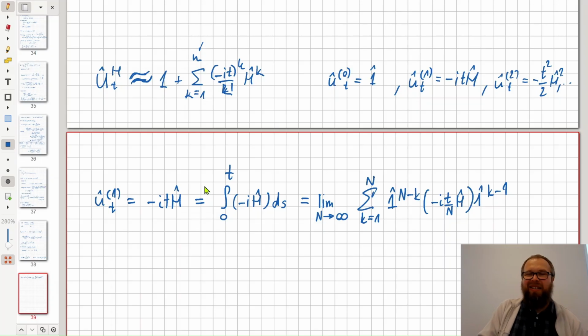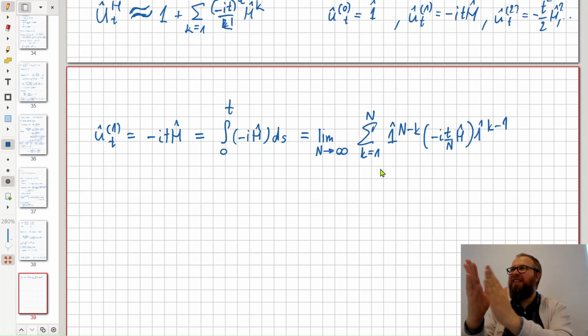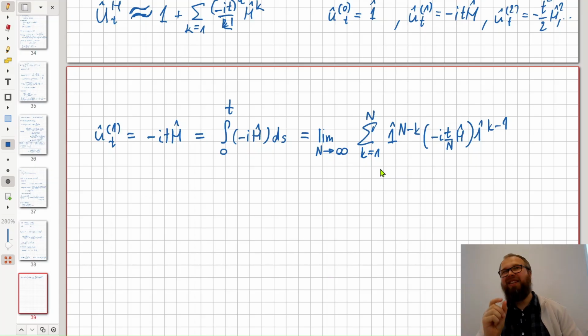Okay, the Riemann integral tells me I can write it as a sum of n terms, identity minus H, times the small increment of time t over n, right? And I can sandwich it with identities. If I write it like this, then the interpretation is as follows. I take my interval of time t and partition it into n small subintervals.